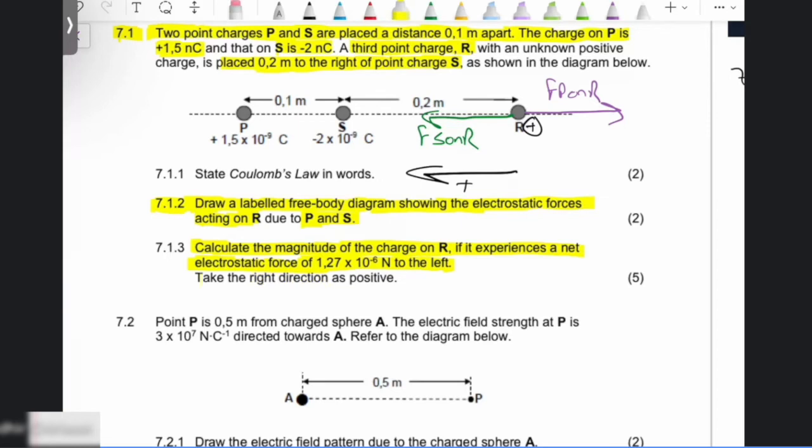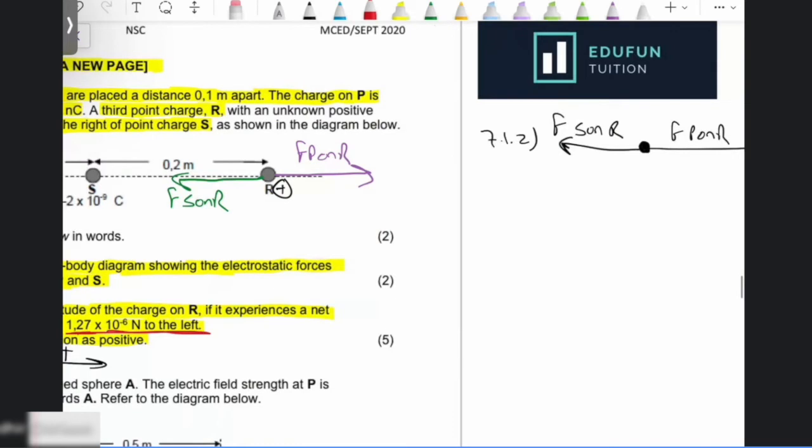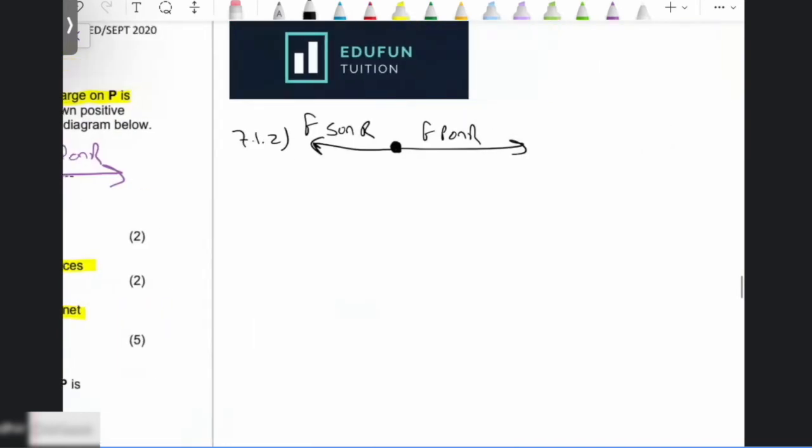But anyway, we'll take the right as positive, even though they said that the F net is going to the left. This is just them trying to be difficult here. F net, we're taking to the right as positive.